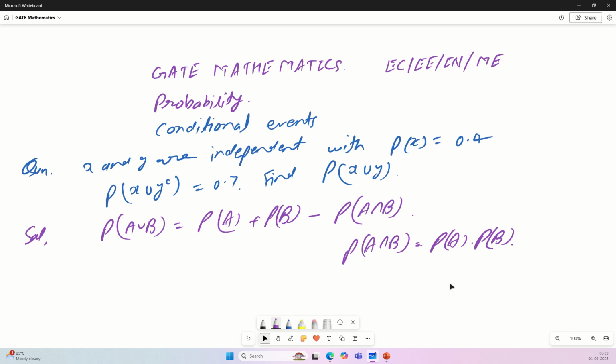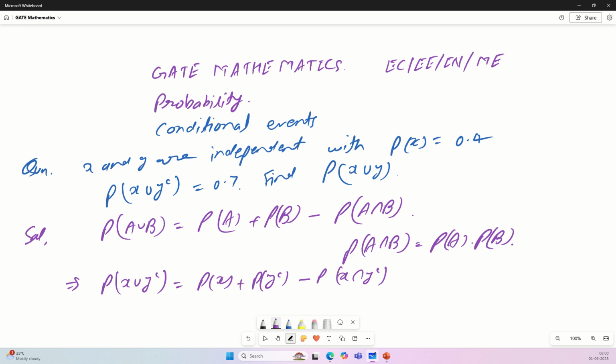So in that fashion, probability of X union Y complement, this was given, right? This is nothing but probability of X plus probability of Y complement minus probability of X intersection Y complement.